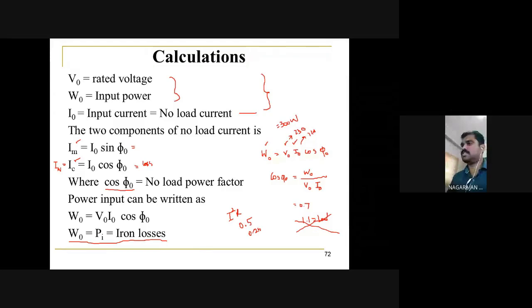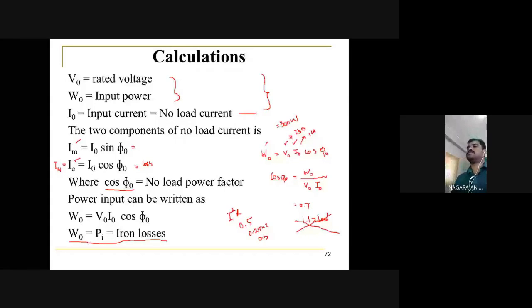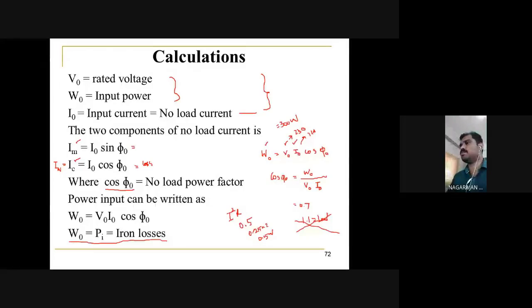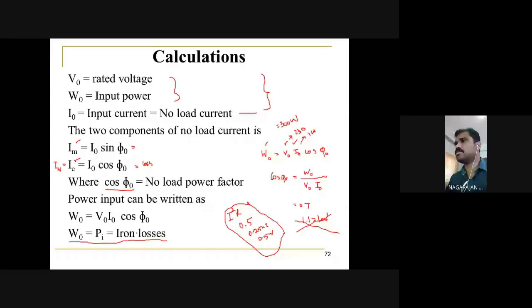Assume the resistance value is 2. So what will be the loss? It is 0.5 watts, which is very less compared to the core loss component. So that is why we are ignoring the copper loss at no load test. The entire power measured by this wattmeter is assumed to be iron loss.